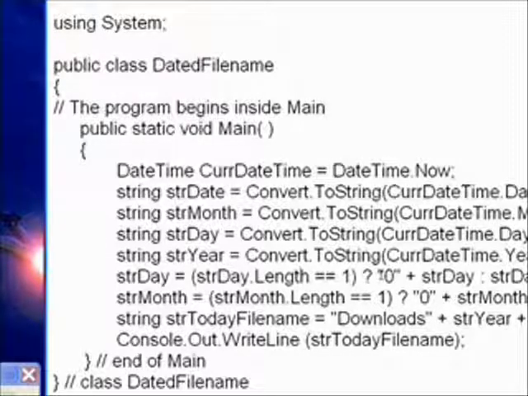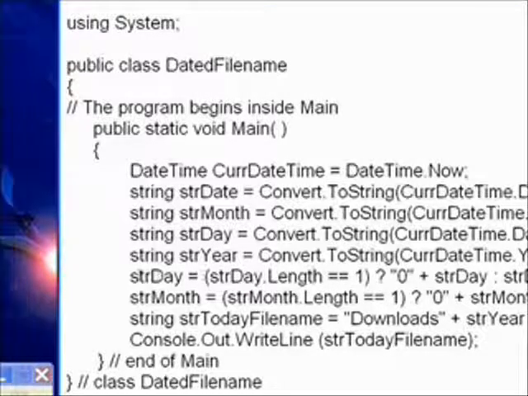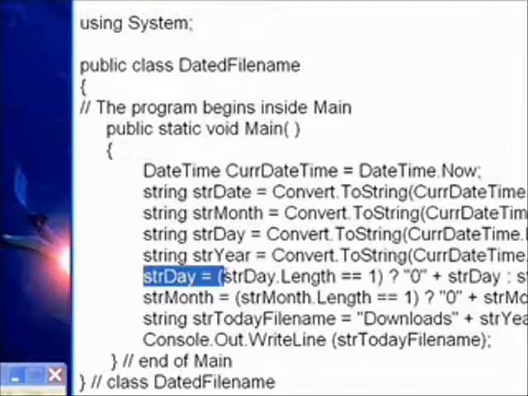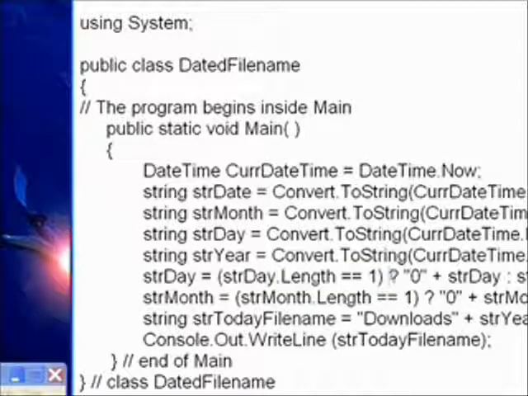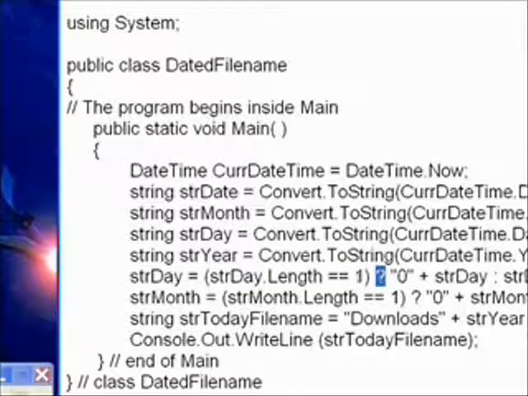So this is a very special form of the assignment statement. Basically it has a comparison built into the assignment. It says if the length is equal to 1, and then there's a question mark, which delimits the test part of the assignment.